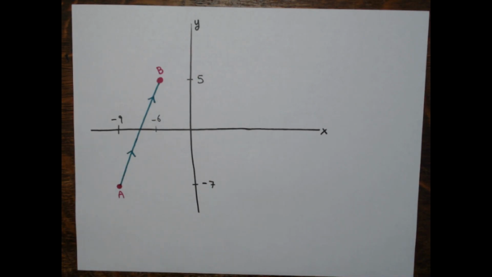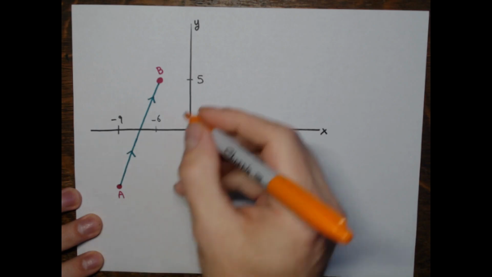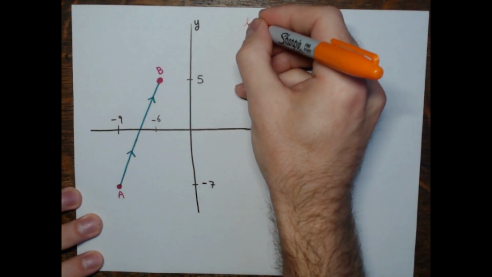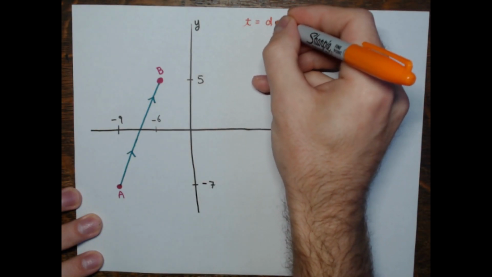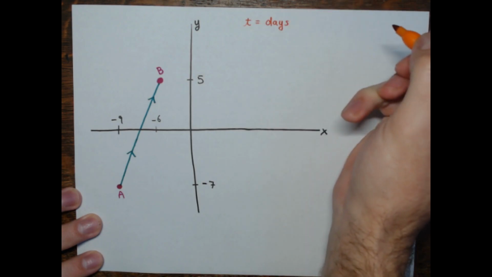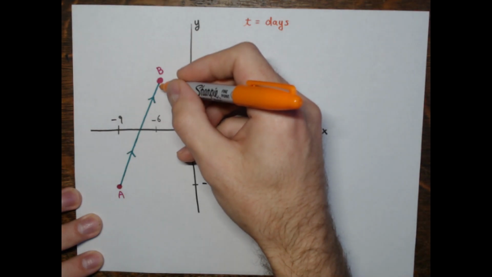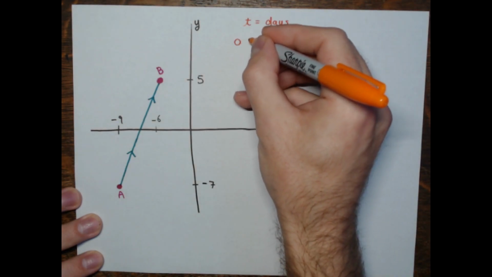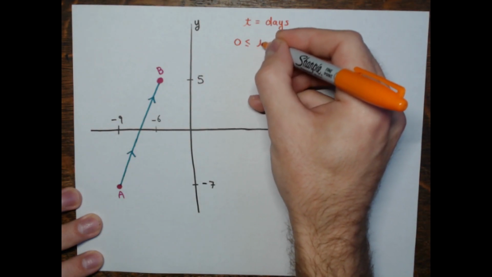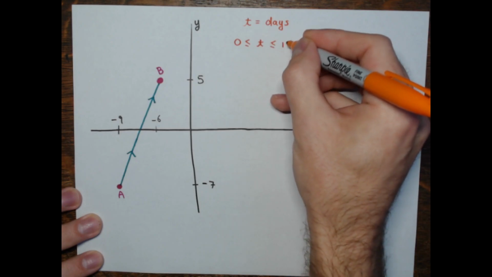Now t represents time in days. T is equal to the number of days that have passed. And they said that this motion occurs in 15 days. So t is going to range here from 0 to 15.